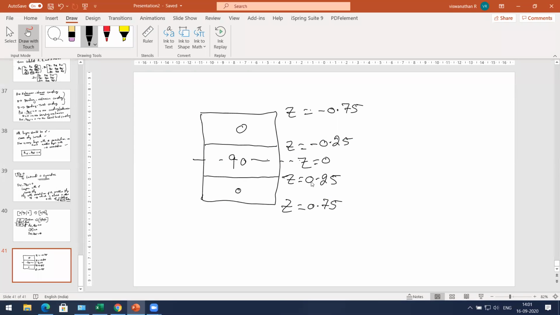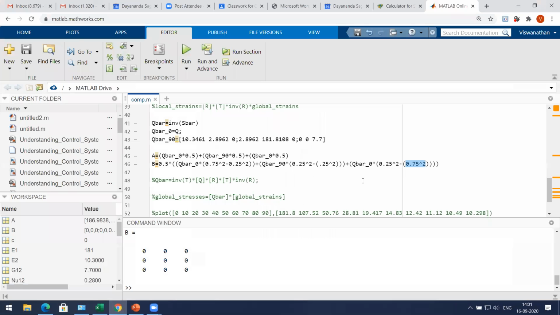When I take 0.25 square minus of minus 0.25 square, and then for this layer minus 0.25 square minus of minus 0.75 square, that is how we are supposed to take. But I've already removed the negative signs over here because, since you square it, negative into negative is positive. There was a bracket missing at the start, and that's why you were getting a different B matrix.